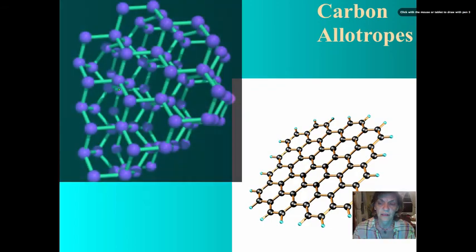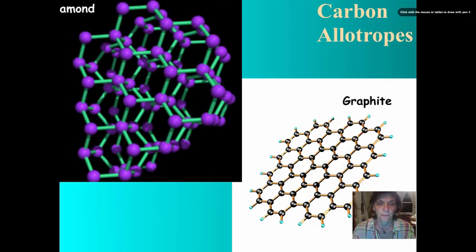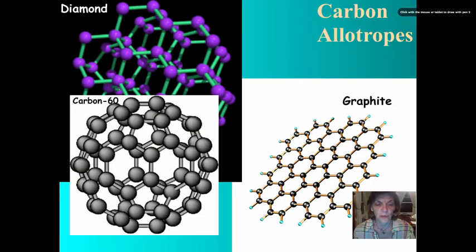One that we're probably even more familiar with is carbon allotropes: diamond, graphite, and this last one called carbon-60, which is fondly referred to as the buckyball. It was not discovered by him, but named after Buckminster Fuller, an architect who worked with geodesic dome shapes, and so they named the shape after him.